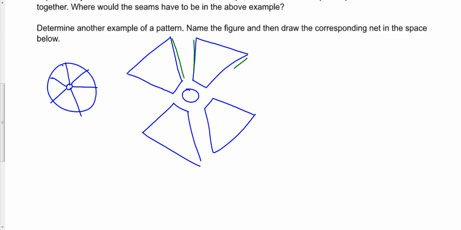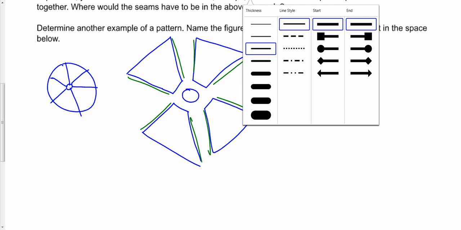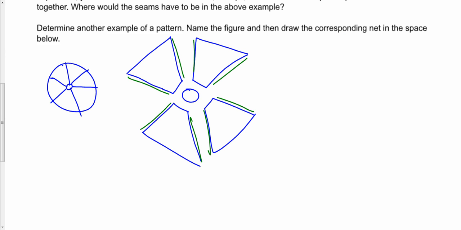So the sides would join together, all of those sides would join together. And along the top, that would also glue together right there. Those things combined together would ultimately make your beach ball design.